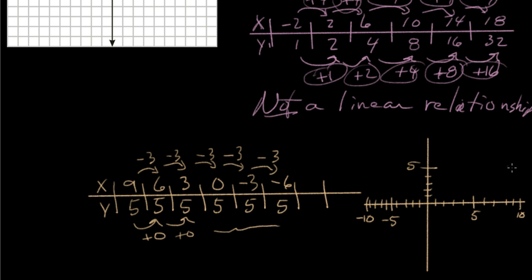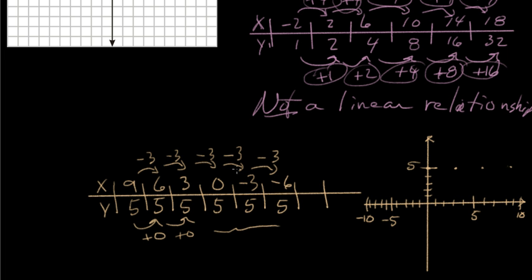9 and 5 right there, okay? Back up 3, you got 6 and 5 is your next ordered pair. 6 and 5, okay? And then back up 3 more, and you got 3 and 5. 1, 2, 3, and 5. And then you got 0 and 5, which, by the way, is your y-intercept. Remember, anytime your line crosses the y-axis, that means it's your y-intercept.